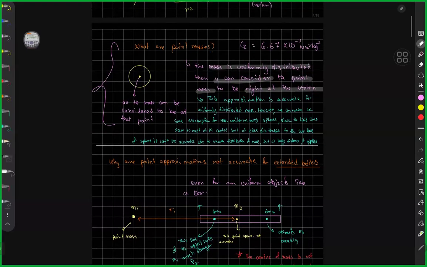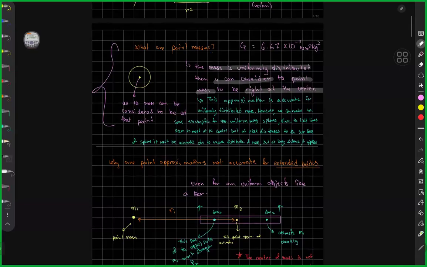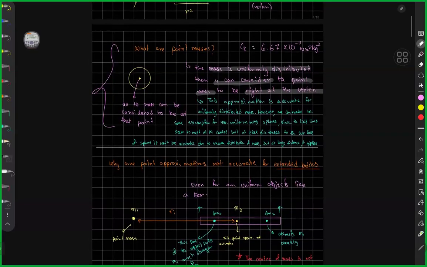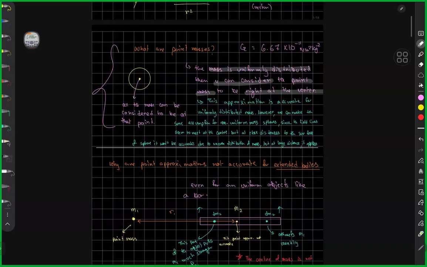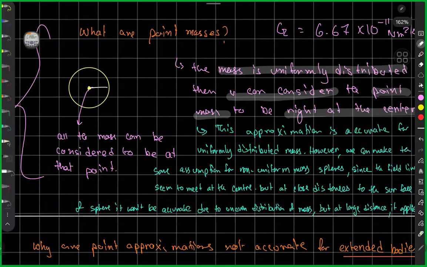And if the question asks you why we can't consider it to be a point mass in this case, then notice the distance we're talking about. If the distance is very similar to the radius of any object, then your answer should be okay. Let's say there's a planet M1 over here and planet M2 over here.